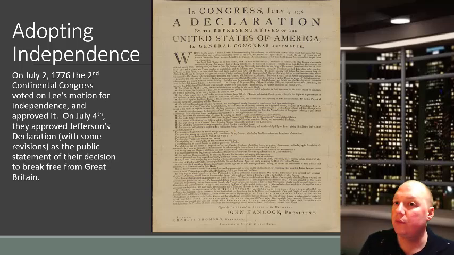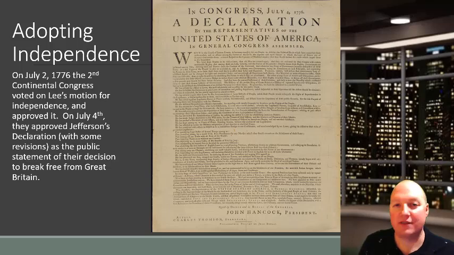They don't vote no, but they don't vote yes either. So the vote is 12 yes, 0 no for independence, and 1 abstention, meaning we're not voting either way. Good enough. 12-0. And so with that, on July 2nd, 1776, we become a free and independent nation.